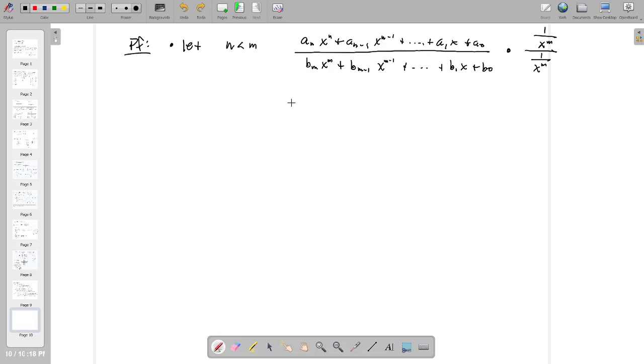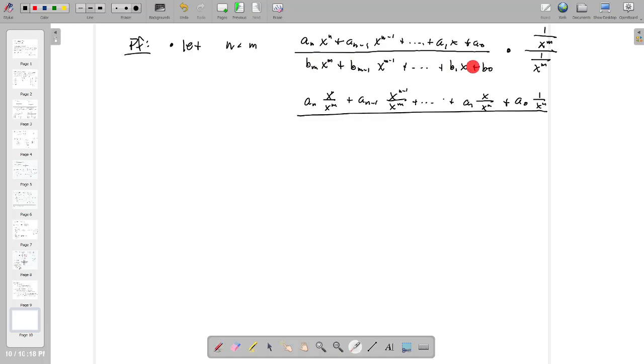When we distribute this, we end up with a sub n x to the n over x to the m, plus a sub n minus 1 x to the n minus 1 over x to the m, all the way down to a sub 1 x over x to the m, plus a sub 0 1 over x to the m, divided by.